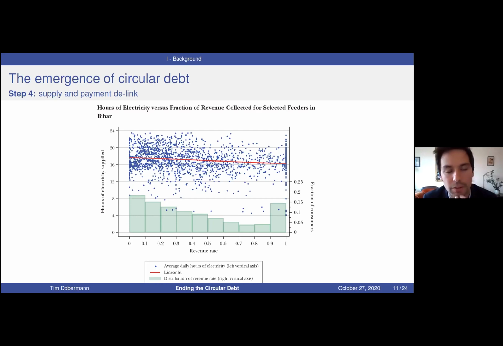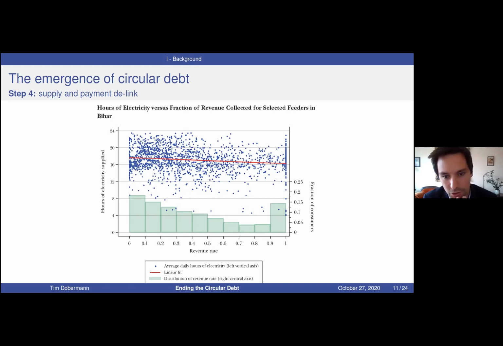But here's an interesting graph. Often, and this does not actually apply to Pakistan, we'll discuss this, the challenge is that there's no correlation between the supply and the amount that you pay. Here are all these dots. I'll speed up a little bit, but here's the linear fit.